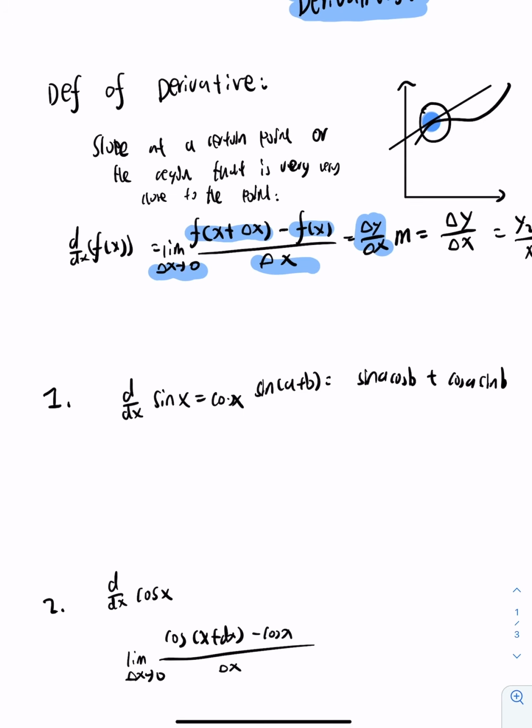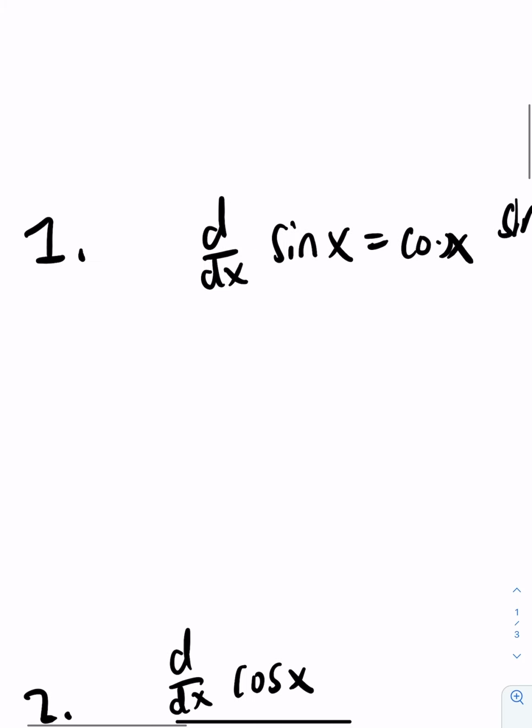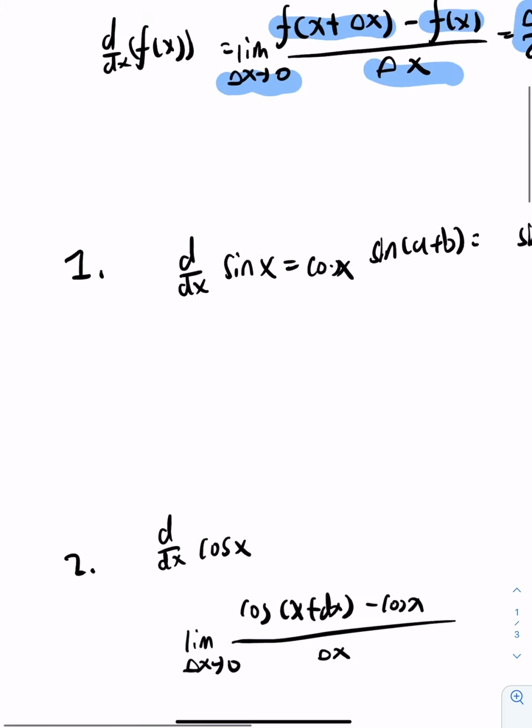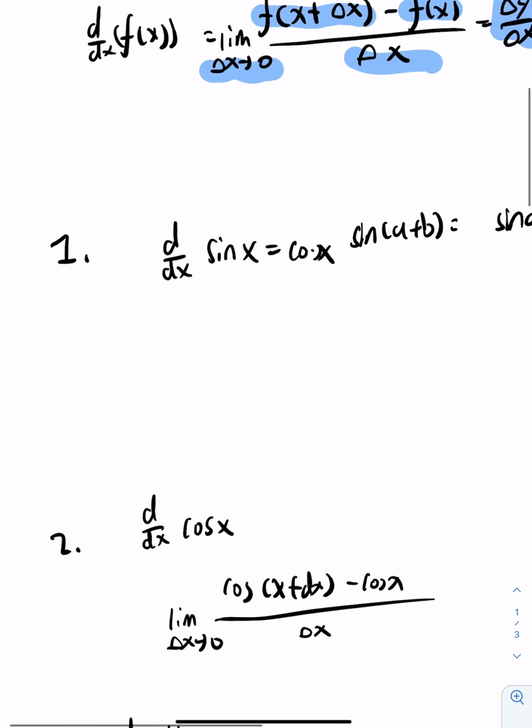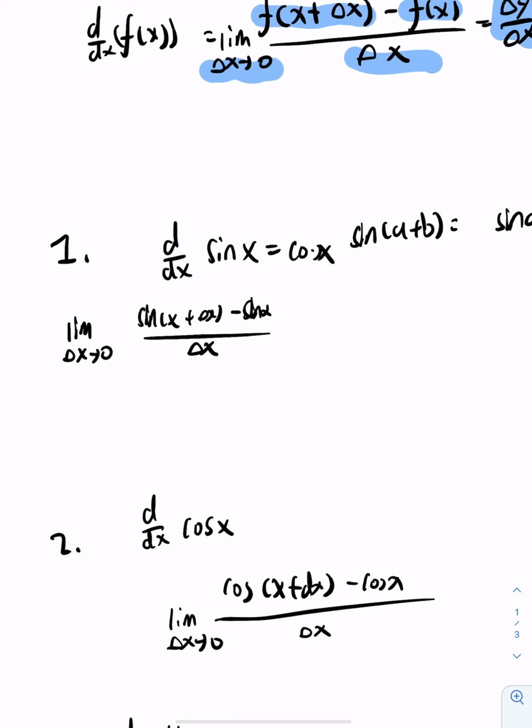And now we're taking an example of the derivative of sine x. So by its own definition, we get the limit as delta x approaches 0 of sine(x plus delta x) minus sine x, divided by delta x.